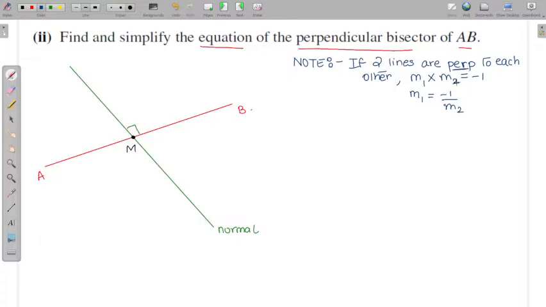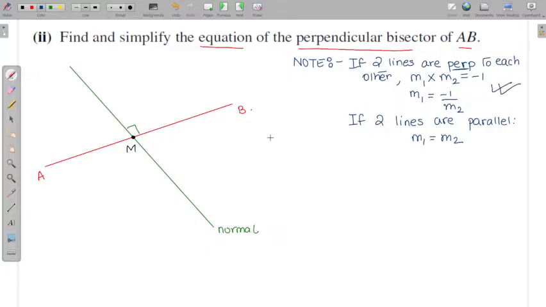That is only applicable if the two lines are at right angles to each other, and if the two lines are parallel to each other, then their gradients will be the same. So we can say that M1, the gradient of line 1, should be equal to M2, the gradient of the second line. In this case, since we are talking about a perpendicular bisector, which is a line at right angles to AB, we have to use this concept.